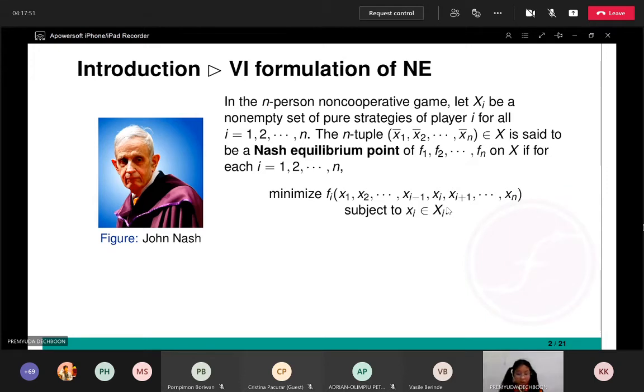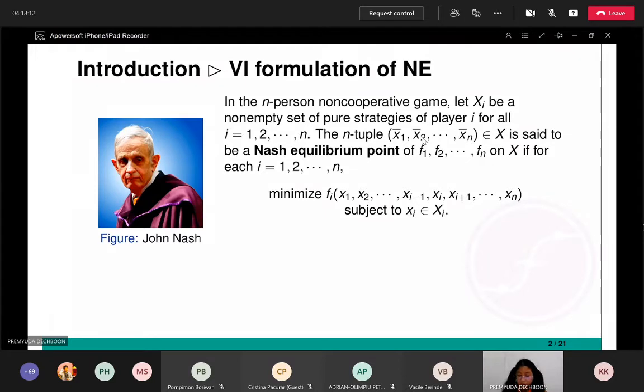Okay, so in the n-person non-cooperative game, we consider the strategy set xi, which is a non-empty set, for the n players, for example, player 1, player 2, up to player n.